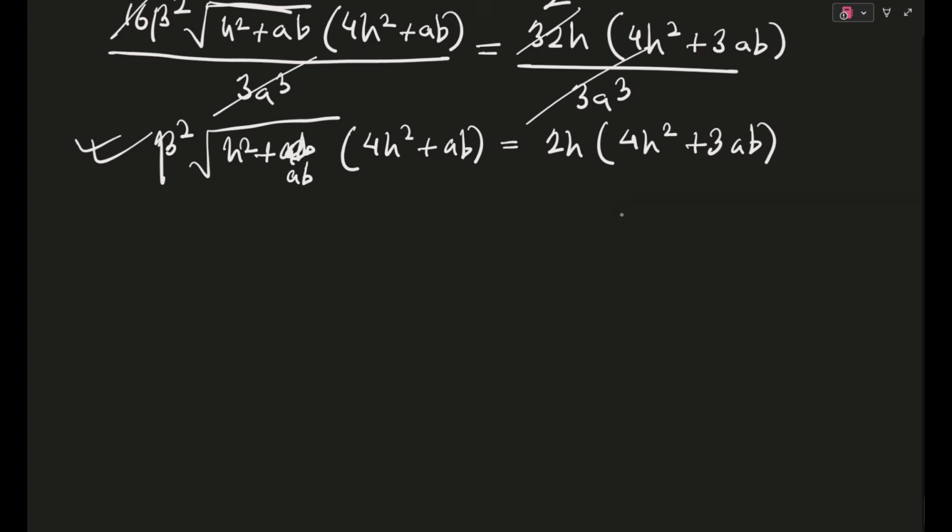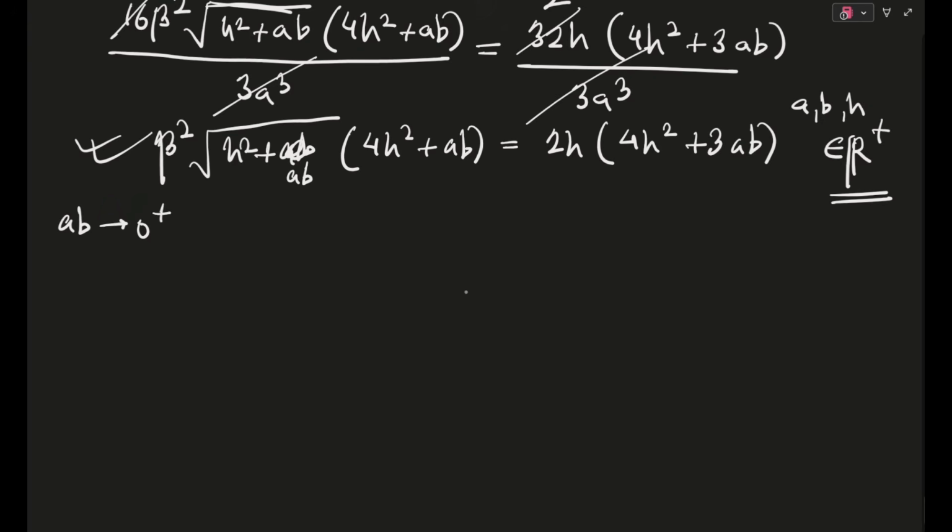Okay. So basically guys, what I did was, because a, b, h were all given to be real positive, I considered one case where ab is tending to 0 plus.